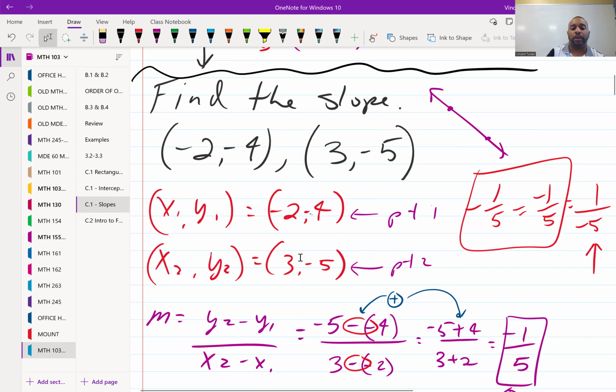And in our denominator, we have 3 minus -2. x2 is 3, x1 is -2. Don't forget, negative negative turns positive. So it's -5 plus 4, then 3 plus 2. Then -5 plus 4 is -1, and 3 plus 2 is 5. So our slope is -1/5.